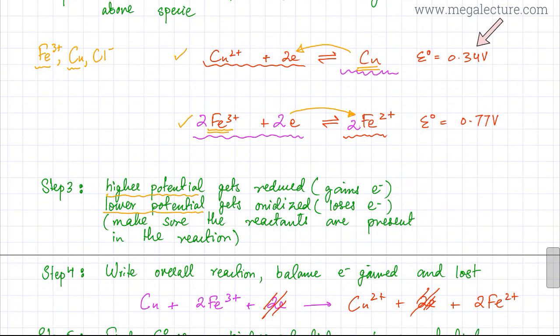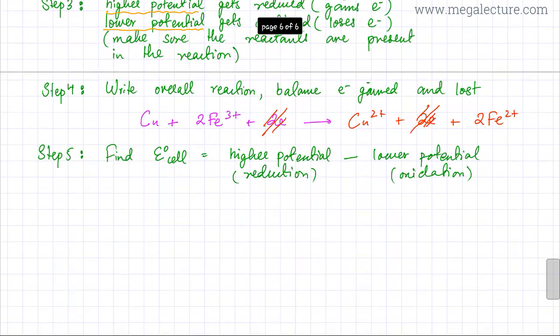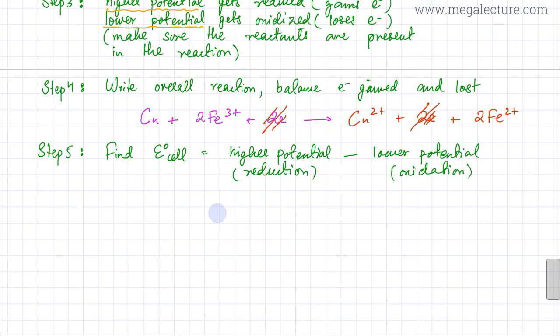This is my lower potential, 0.34 volts. Subtracting the two values would give me the potential difference, or the E0 cell. So it's going to be 0.77 volts minus 0.34 volts, and the value comes out to be equal to 0.43 volts. So this is my overall E0 cell.